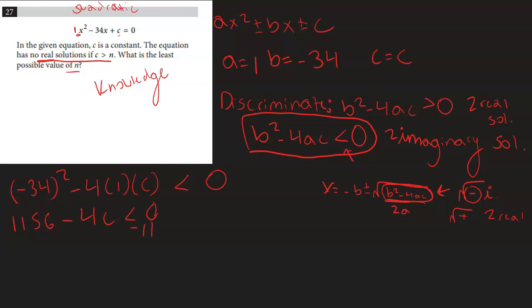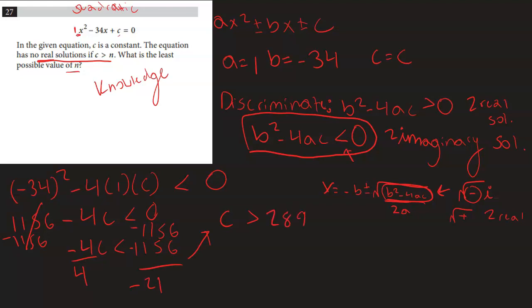We're going to subtract 1156 from each side. And we're given negative 4c is less than negative 1156. And we're going to want to divide this by negative 4. If we pull that over here, then we get c is greater than what's 289.